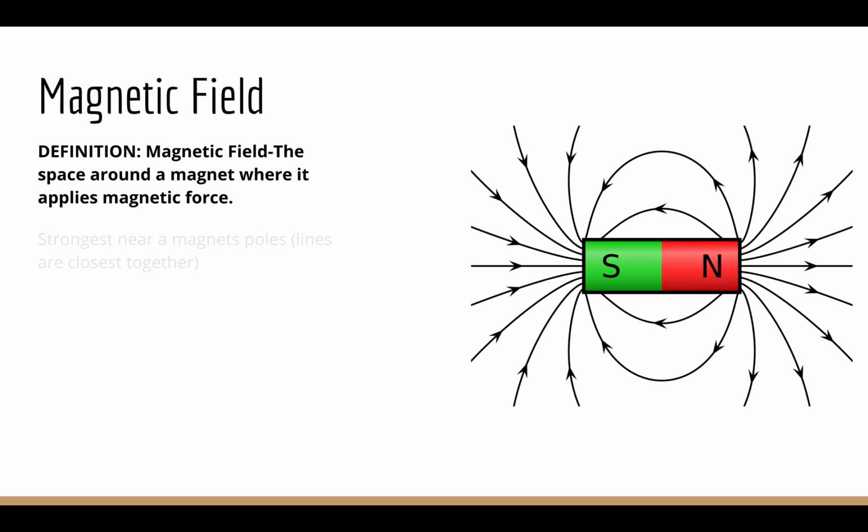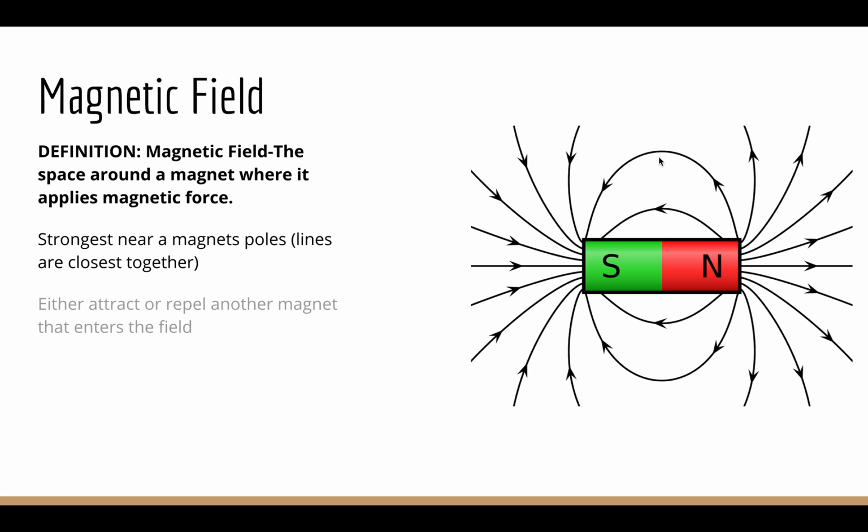So when we do this, you can also see where the magnet is strongest. Where the lines are very close together is where the magnetic field is the strongest. Where they are farther apart, the magnetic field is not as strong. Now, if a magnetic object enters this magnetic field, the magnet will either attract or repel another magnet.